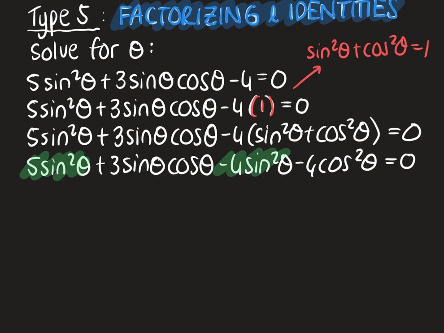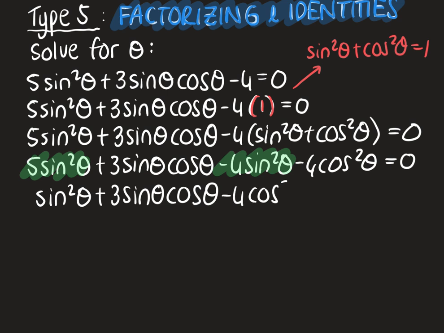That is a like term, and that is a like term. So what is 5 minus 4? That is 1. So that becomes 1 sine squared theta plus 3 sine theta cos theta minus 4 cos squared theta. That is a trinomial that I can now factorize, because I have the sine squared at the beginning, the cos squared at the end, and then the combination of the two of them in the middle.